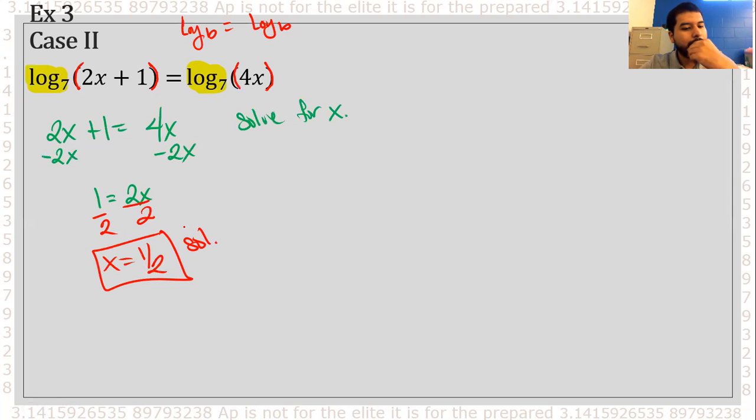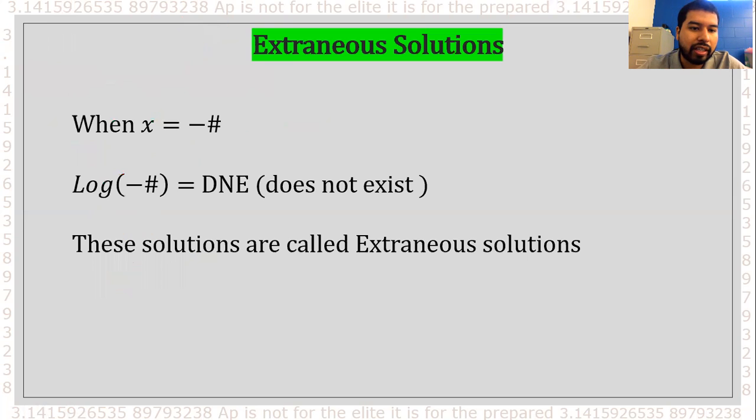Okay, so all of these right here have been positive answers. I want you to start thinking about what would happen if we somehow got x equaling a negative number. So let's try that right here.